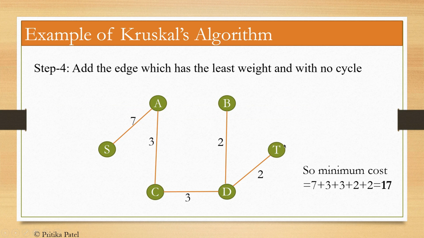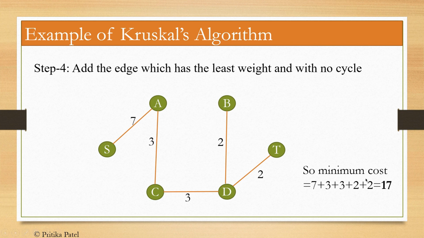We can choose these edges which have least weight with no cycle. We have to take care that no cycle occurs by choosing these edges with least weight, right? So we can choose this edge.